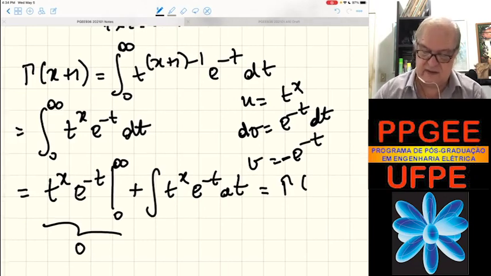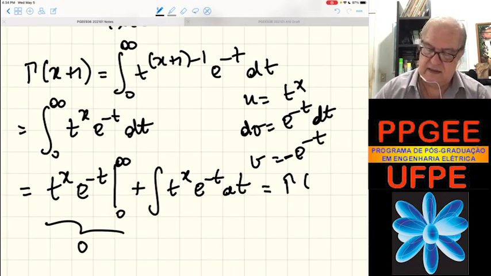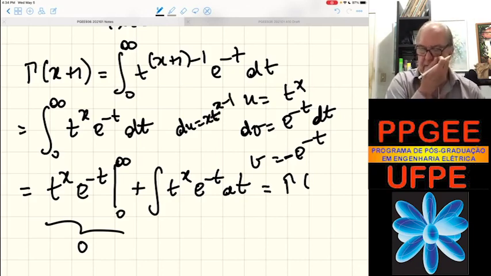I forgot to calculate the derivative, right? The du equals x t to the x minus 1. So we are going to assume that x minus 1 is positive, so t raised to x minus 1 is 0 at the lower limit.